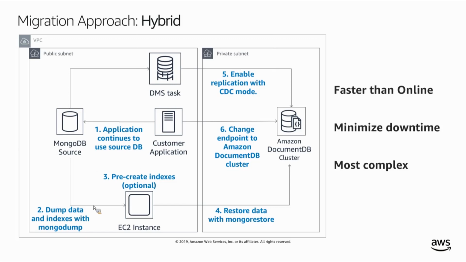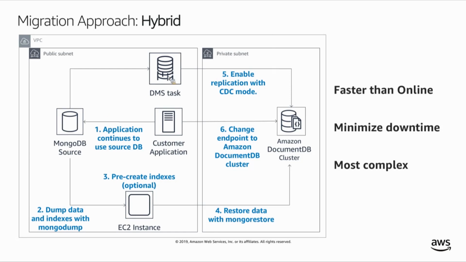Now, back when we executed step 2 and we dumped our data and indexes with MongoDump from our source, we're going to remember when we did that. We'll call it time T0. That MongoDB oplog that I talked about before, which is basically a ring buffer of changes that happen to your MongoDB instance, is sized typically so you can go back in time a little bit and look at changes that happened before now.